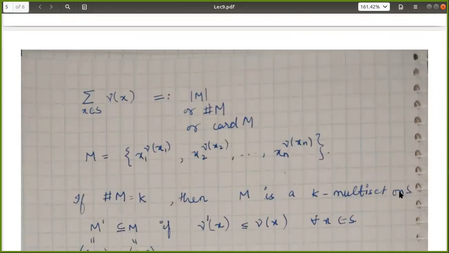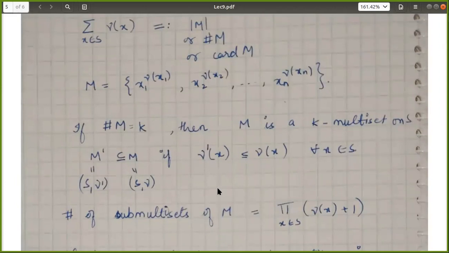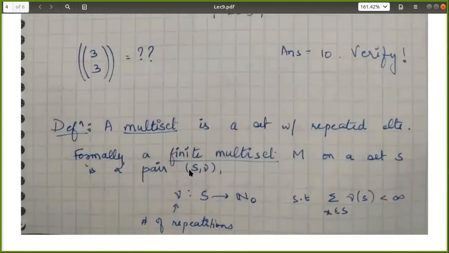Now, if you have two multisets, M and M prime, can there be some relation between them? Can you say that M prime is a sub-multiset of M? Yes, we can. The condition is that a multiset is a pair (S, nu).